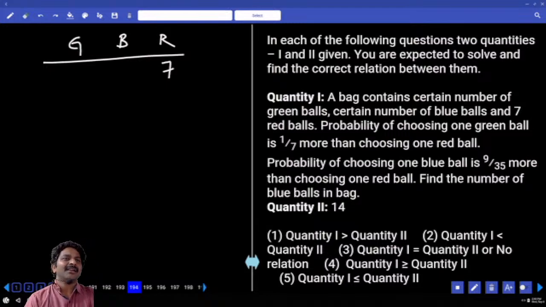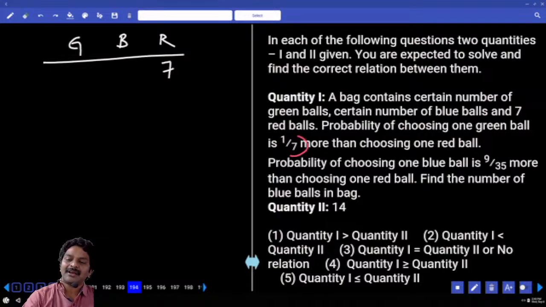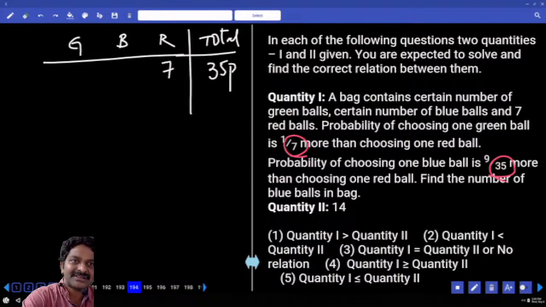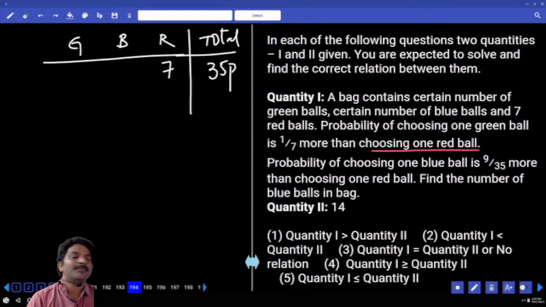In every case they are talking about choosing only one ball. Now you know the denominator always becomes total, 7 and 35. So I will take the total value as the LCM of the denominators, that is equal to 35 parts. That may be 35 or 70 or 105, a multiple of 35. Now choosing one red ball.